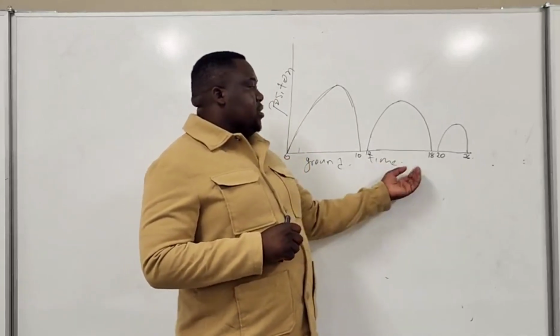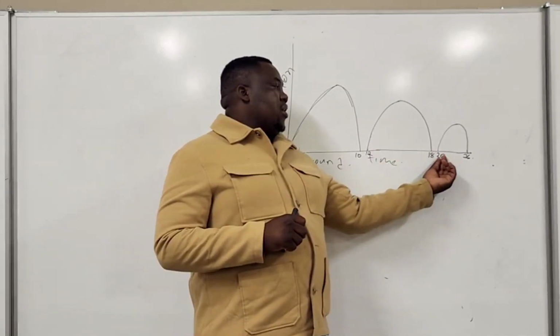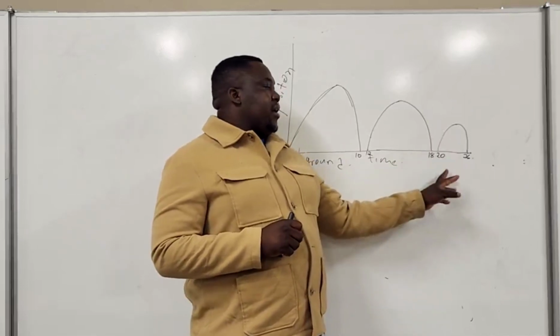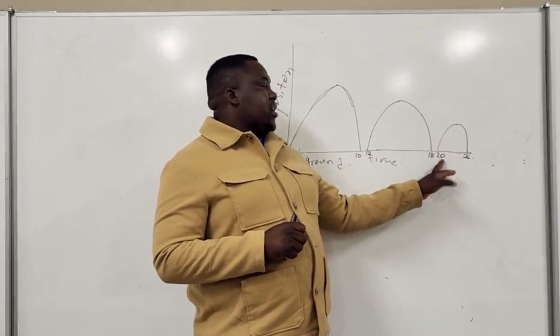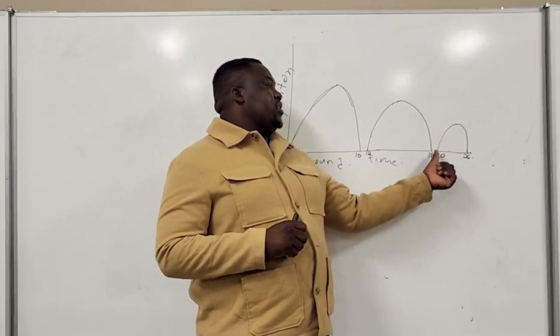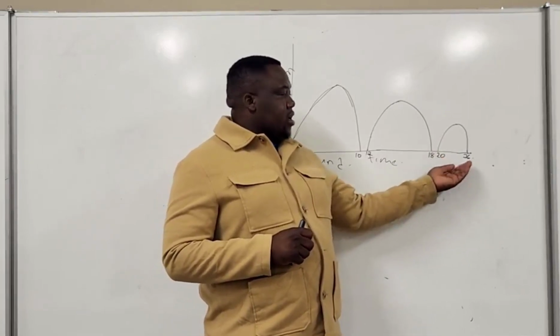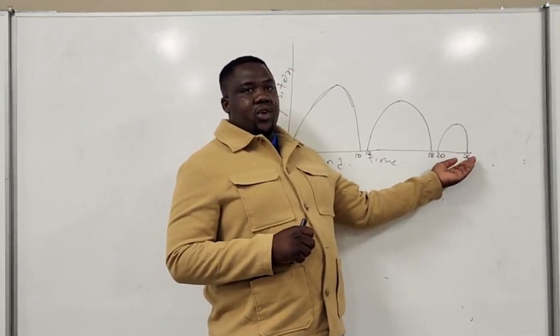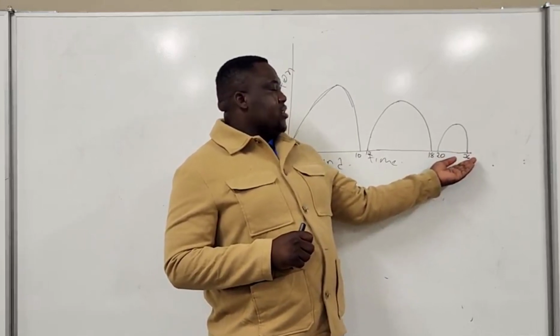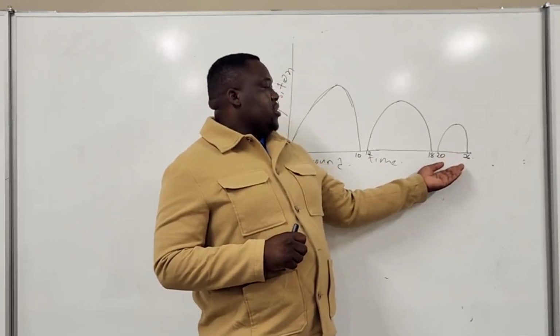So from 12 to 18 is only 6 seconds. Then the ball went up again when it was 20 seconds, meaning that it was in contact with the ground for 2 seconds. That is 20 minus 18. Then when it returned to the ground on the second bounce, it was 26.